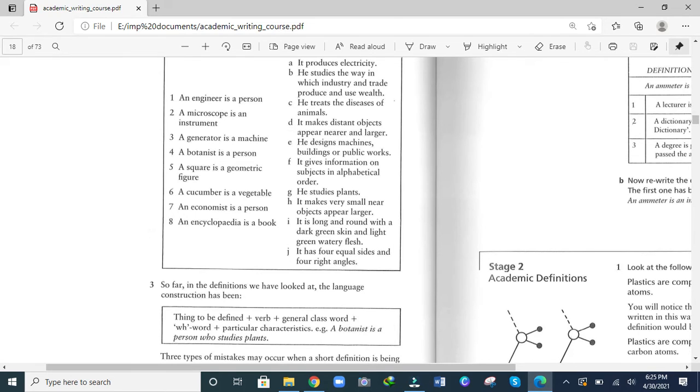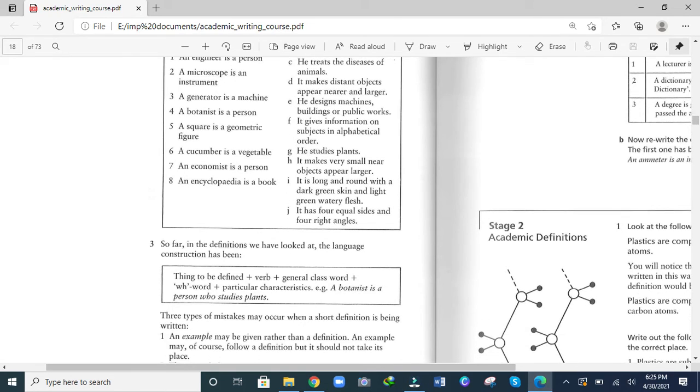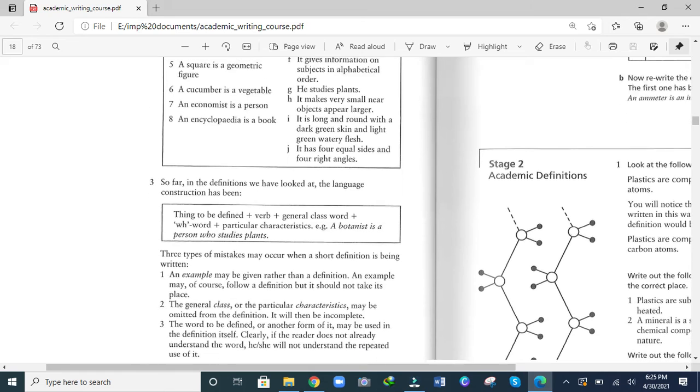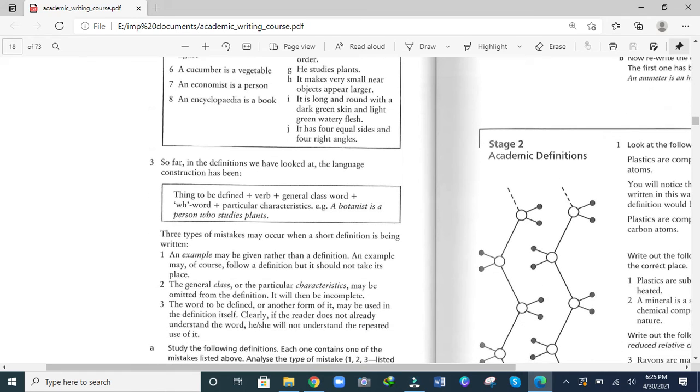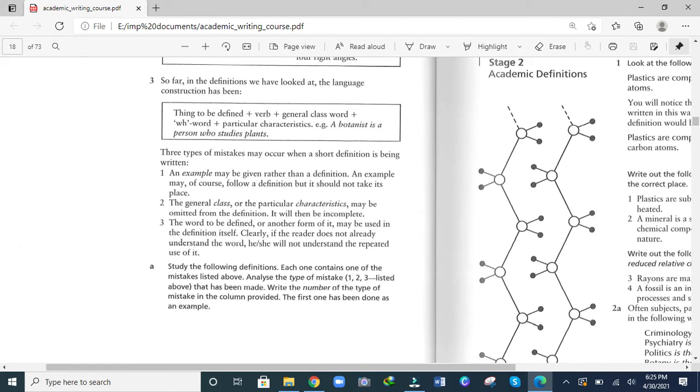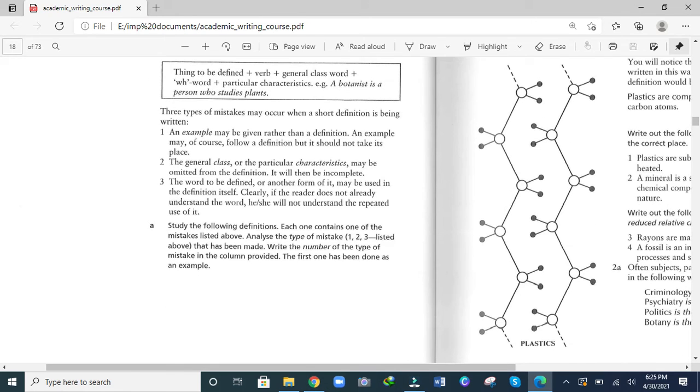Then third, so far in the definitions we have looked at the language construction: term to be defined plus verb plus general class word plus wh word plus particular characteristic, that is, a botanist is a person who studies plants. 3 types of mistakes may occur when a short definition is being written. An example may be given rather than a definition.